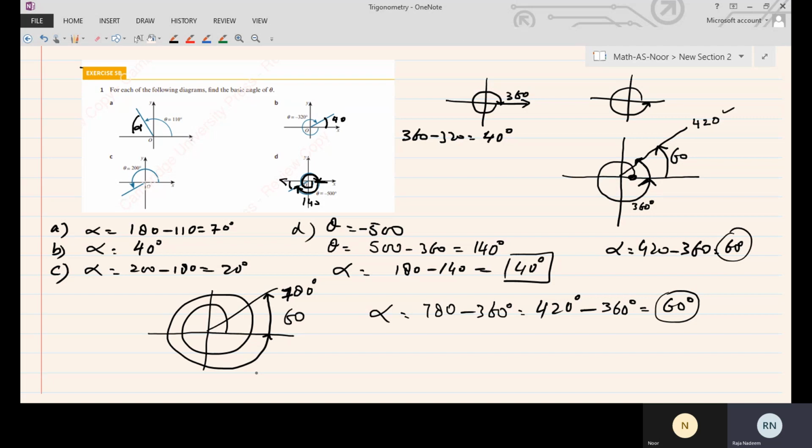If I select an angle of 1230, without this kind of graph diagram, can you find the basic angle of 1230? Theta is equal to 1230. What would be the basic angle?